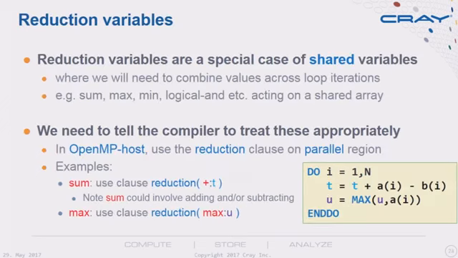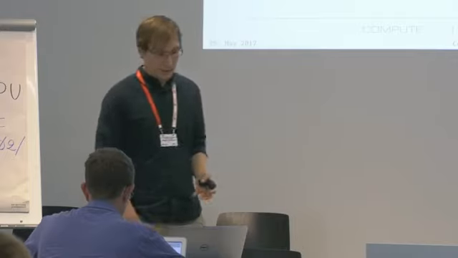And as we also do in OpenMP host parallelization, we also have to take care about reduction variables. So if we have shared variables, which then at the end combine together between the different threads, which is called reduction, we have to specify that, especially with the directives to the compiler, to really take care about that.